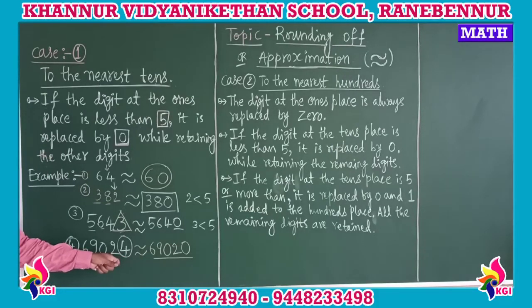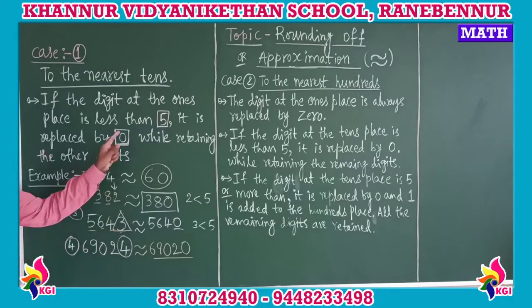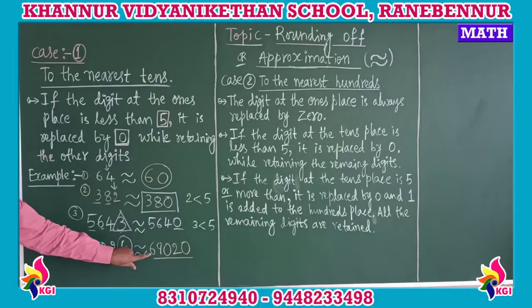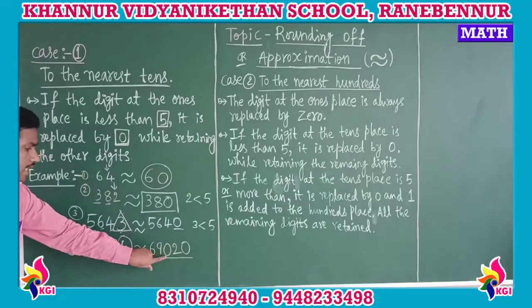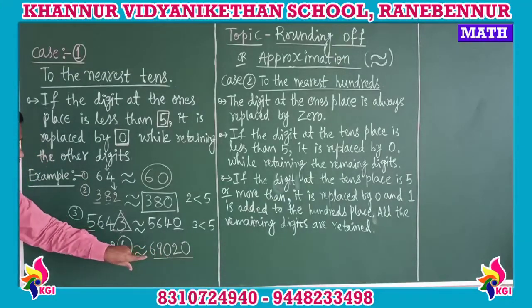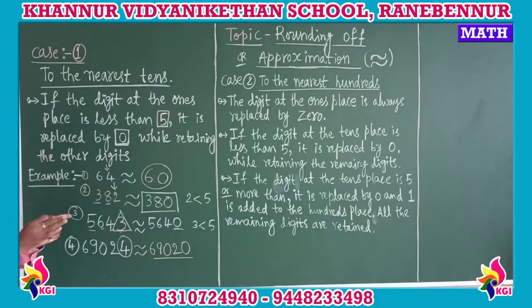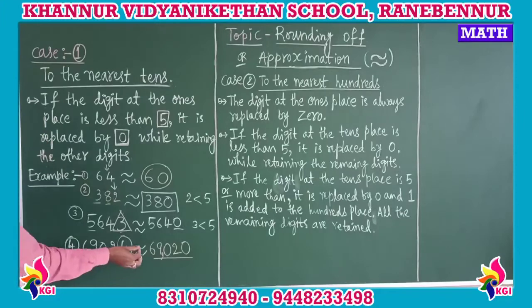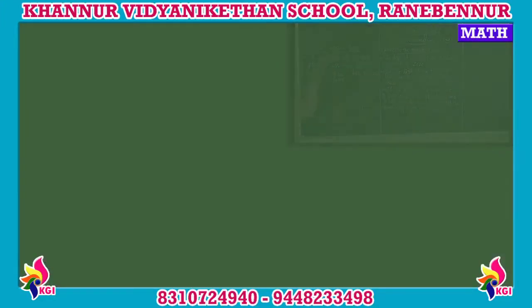That's why it is replaced by 0, while retaining the other digits, meaning you keep the tens place, hundreds place, thousands place and ten-thousands place digits as they are. So 69,020 is the rounding off to the nearest tens.